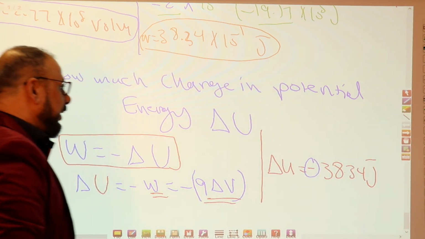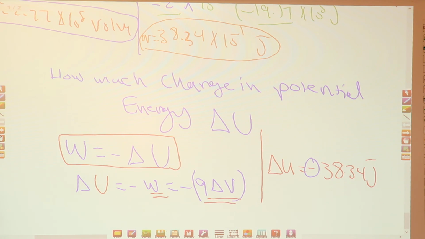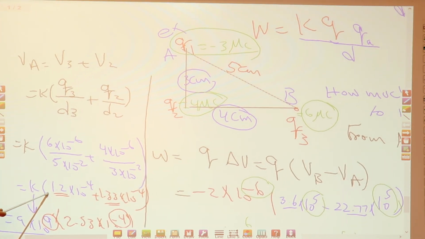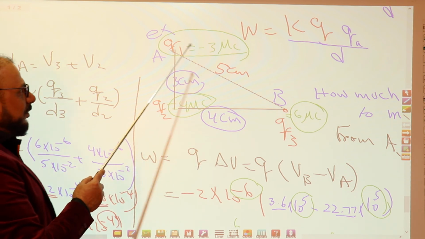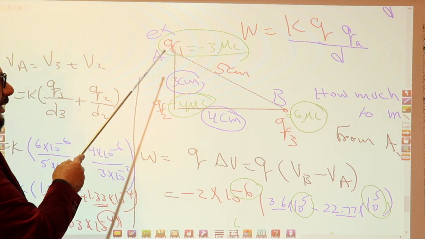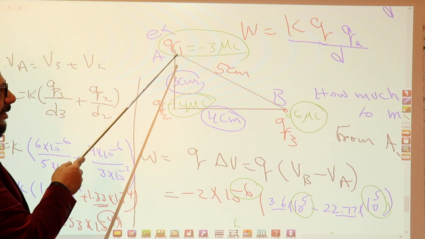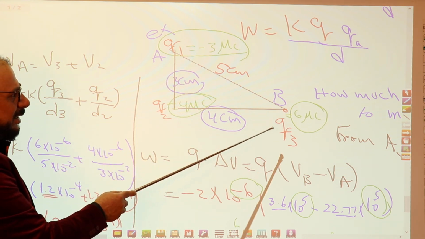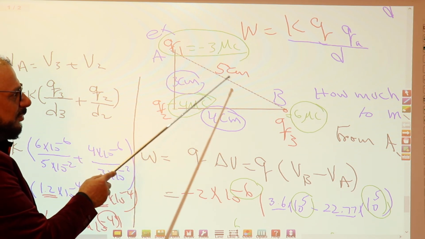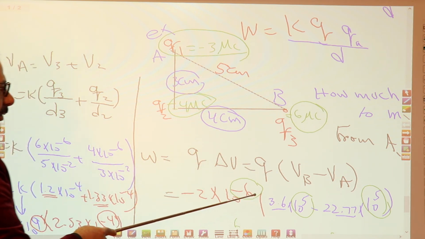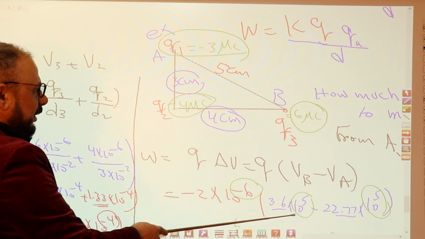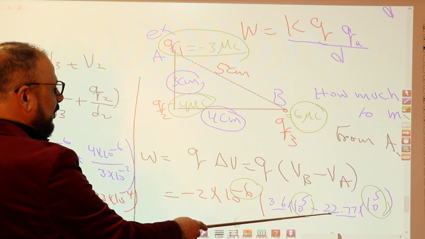What's the meaning of this negative sign in here? The potential energy of this object, as I said before, is negative, right? And the object goes down, which means it's decreasing, from high voltage to low voltage. Look here, VB is 3.6, and VA is how much?